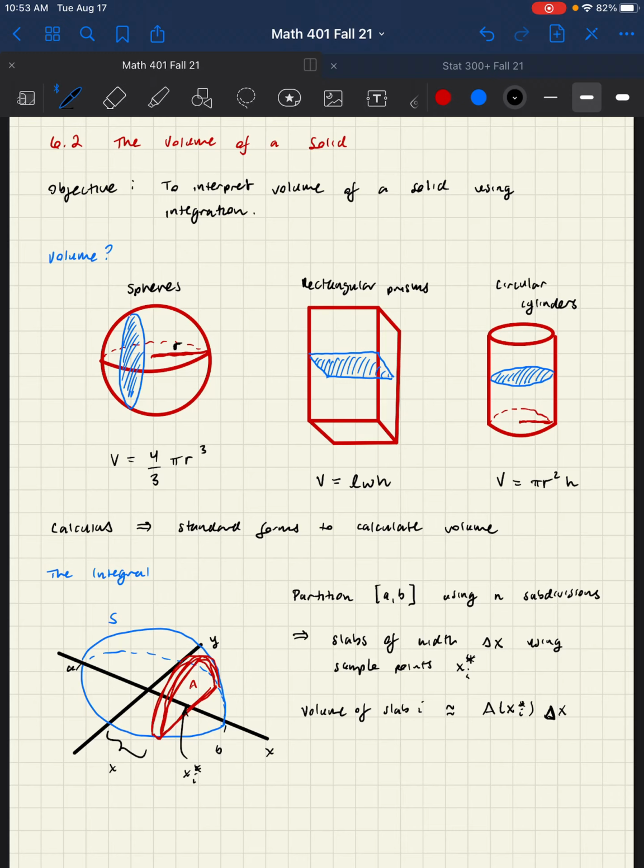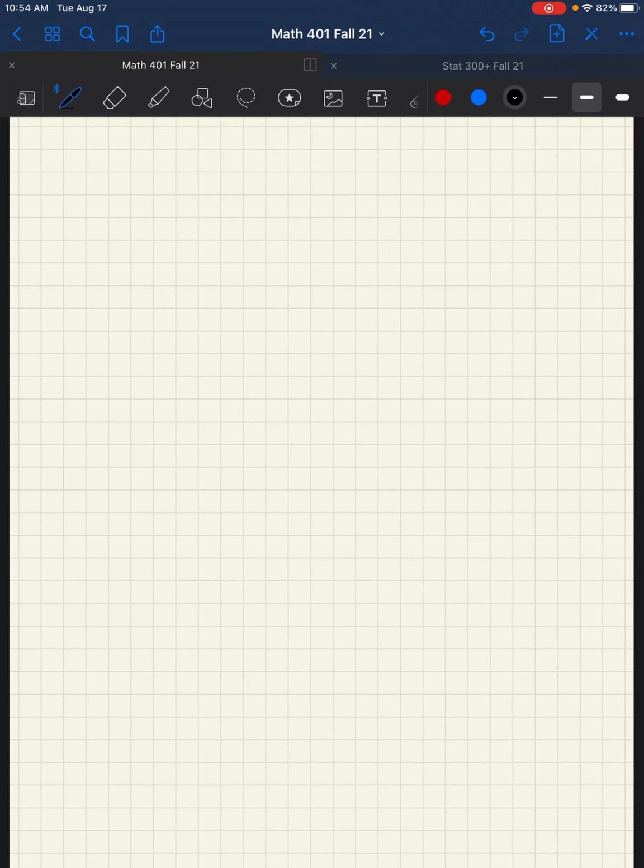Now, when we set this up, remember that to actually find the total volume, that's going to be the sum of the volumes, the V sub i's. That's going to be the sum from i equals 1 to n of A of x sub i star delta x.